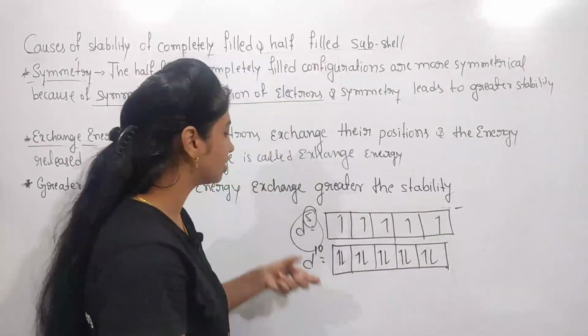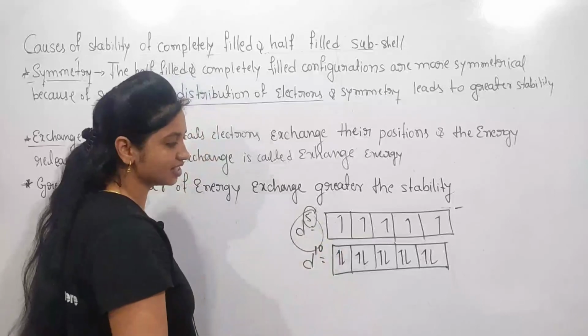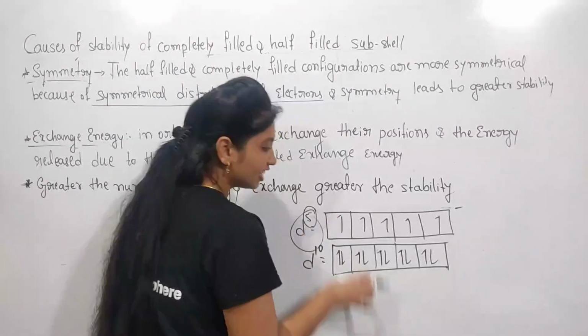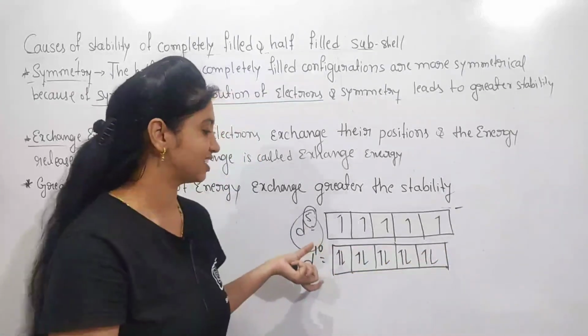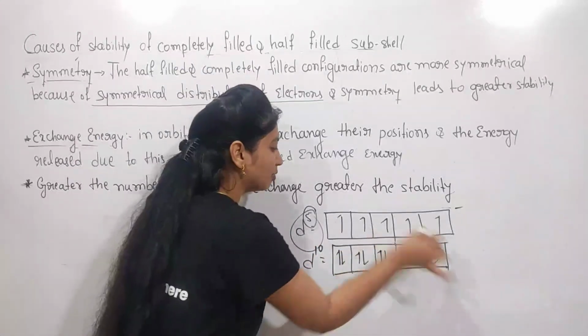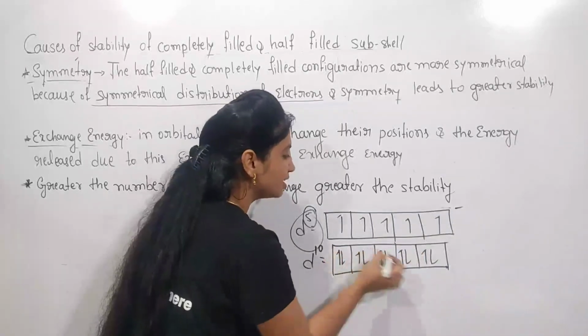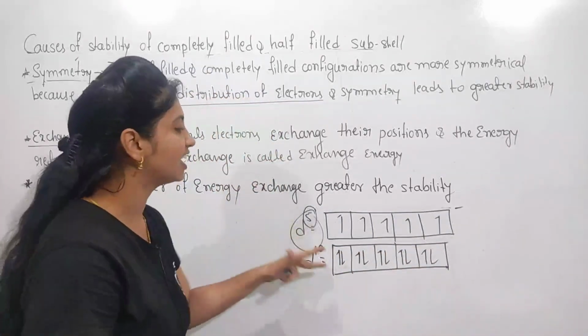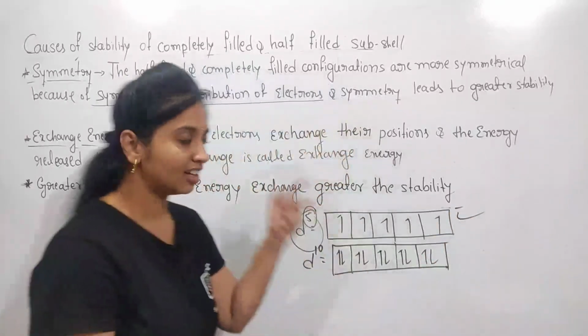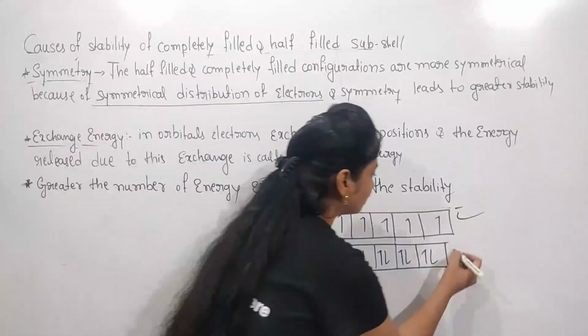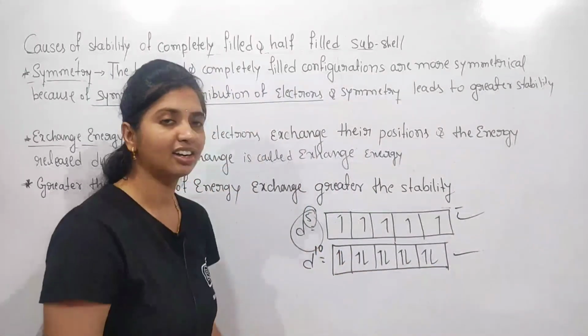According to Hund's rule, I fill the electrons here. Observe that again a symmetrical distribution of electrons takes place, because in all orbitals we have the same number of electrons. This is called a symmetrical distribution. This is a completely half filled orbital and this is a completely full filled orbital.